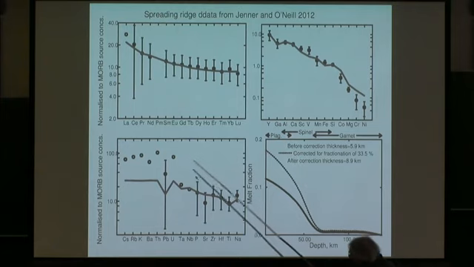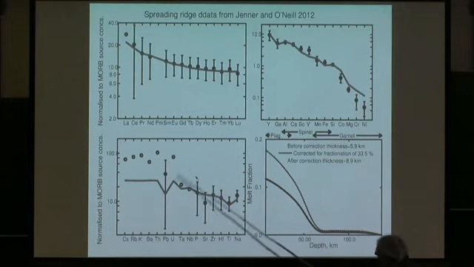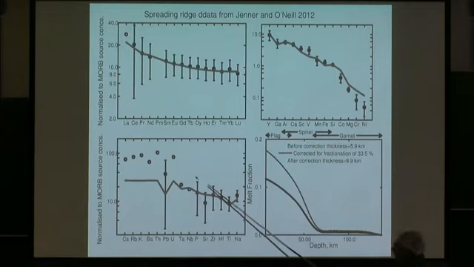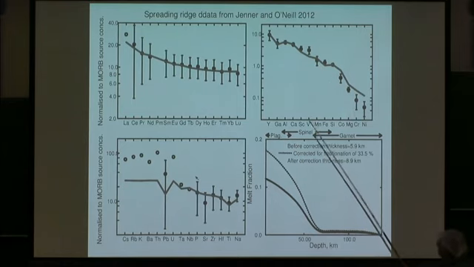But for the incompatible elements, the reason they haven't got error bars is that the error bars are actually larger than the concentrations. So these things are extraordinarily variable, even on what these people thought were mid-ocean ridge basalts.